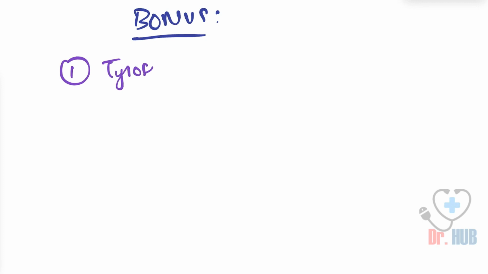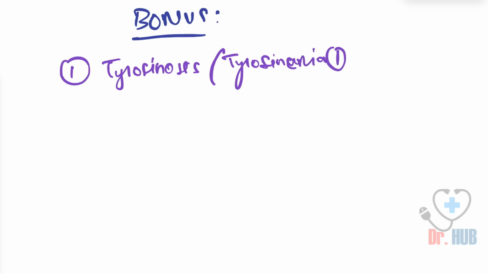So then we'll move on to some bonus questions. So what are the bonus questions? First question is, in case of tyrosinosis, that is tyrosinemia type 1, what is the enzyme that is defective?